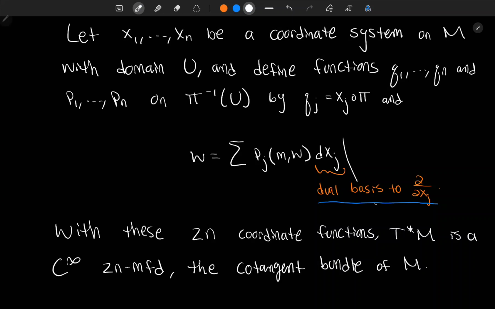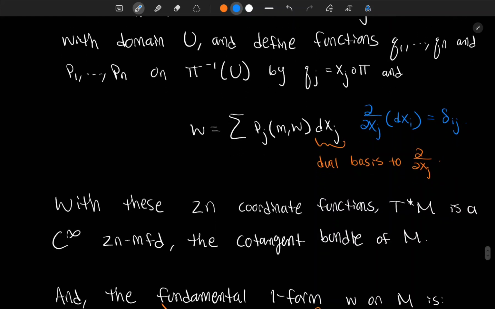So what I mean here is that d/dxj acting on dxi is equal to delta ij. So it's equal to the Kronecker delta.